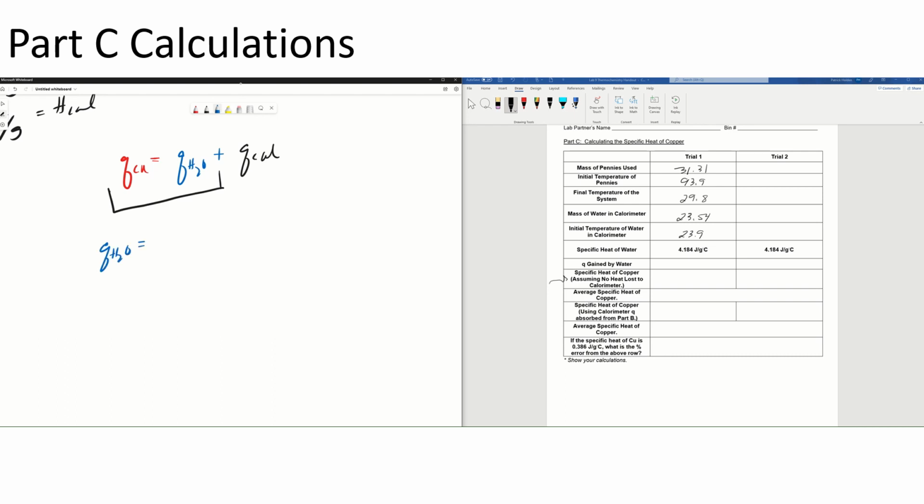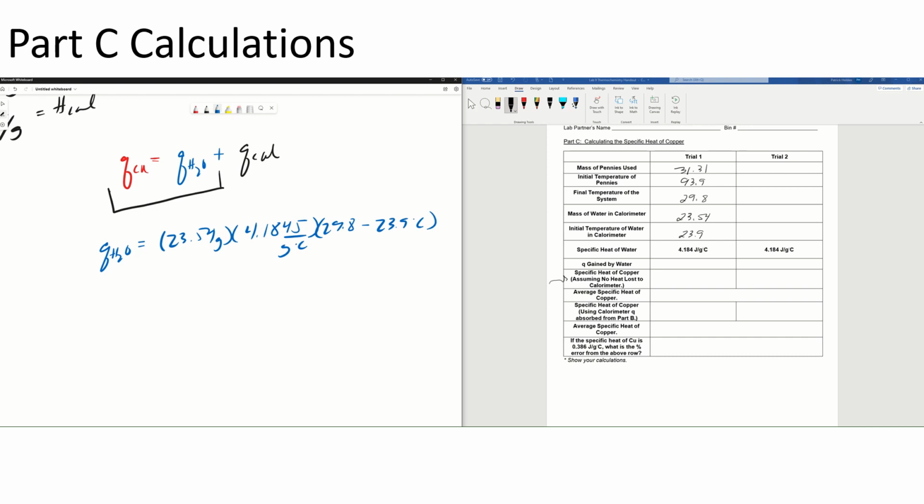So the Q of the water is equal to the mass of the water, which is 23.54 grams, times the 4.184 joules per gram degree Celsius, times the change in temperature. So the final temperature of the system was 29.8, and we started at an initial temperature of 23.9 degrees Celsius. That makes sense because we would expect the water to absorb the energy from the copper, and so we would expect it to increase in temperature.